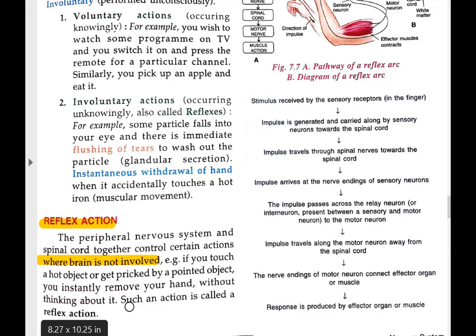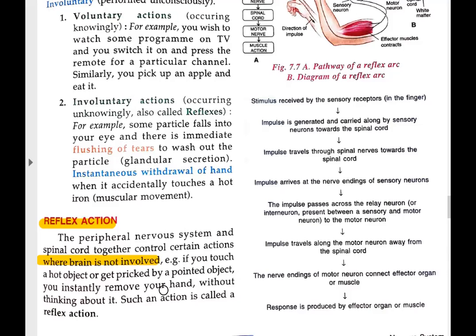If you touch a hot object, or you get pricked by any pointed object, anything like a thorn or glass pieces, what happens? You instantly remove your hand, right, without thinking what it is. Means you don't analyze it, you just remove first and then you see what this is.